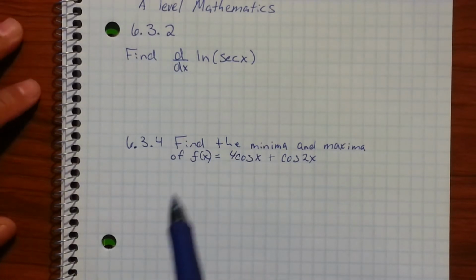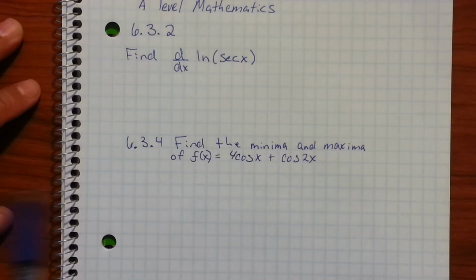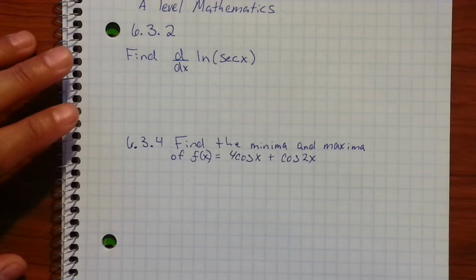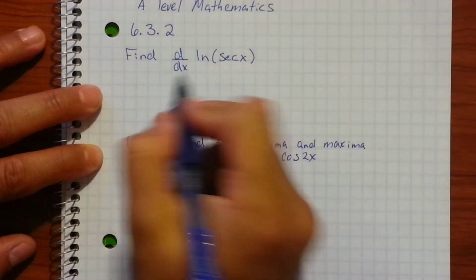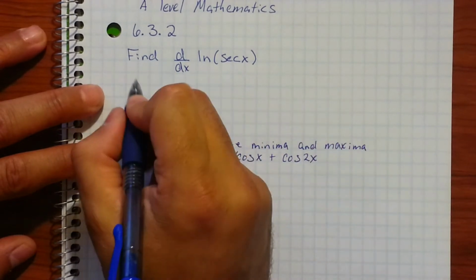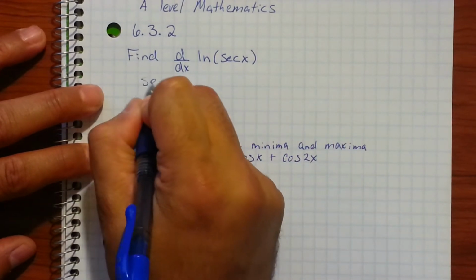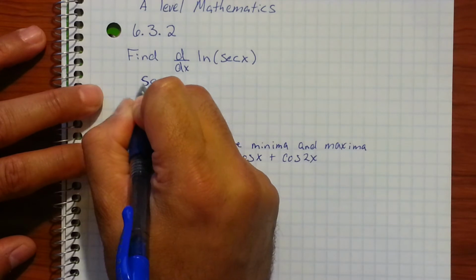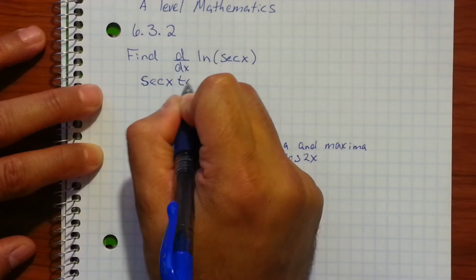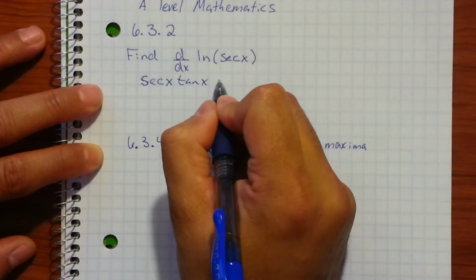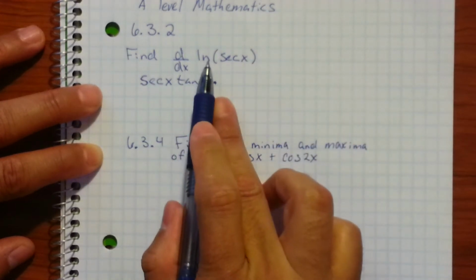Alright, this next part, 6.3.2, we're going to find the derivative of ln secant x. So first thing we're going to do, we're going to take the derivative of the inside. So the derivative of this, I'm going to use the identity that I just made. So it's going to be secant x tangent x times the derivative of the outside.